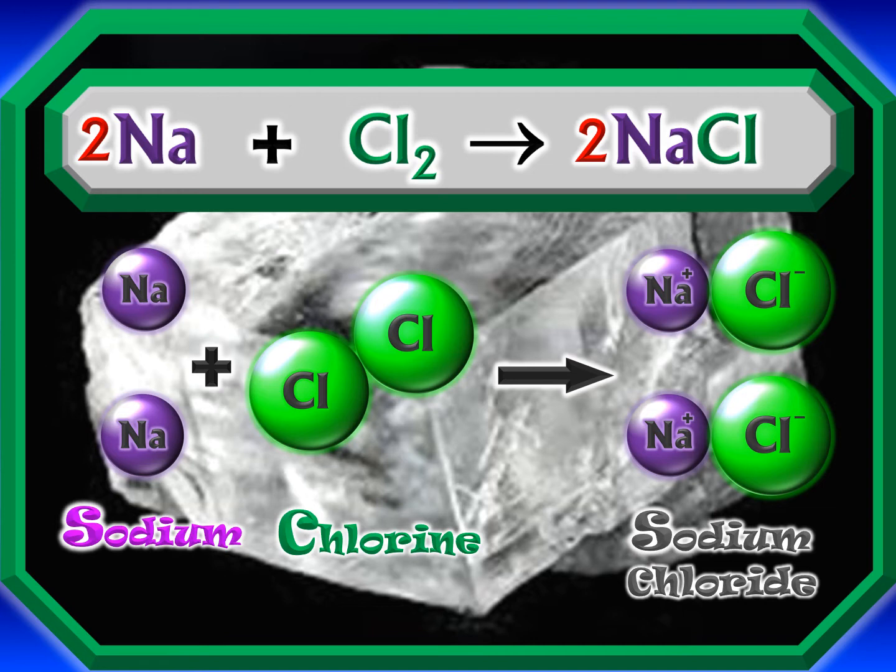So when we balance this equation, well, then it becomes clear what is really going on. For every 2 atoms of sodium, you have 1 molecule of chlorine gas. They are reacting with each other, and they are forming 2, what's that word? Oh yeah, formula units of sodium chloride. Remember, that's the term that we use to describe that little repeating unit that makes up a salt crystal.